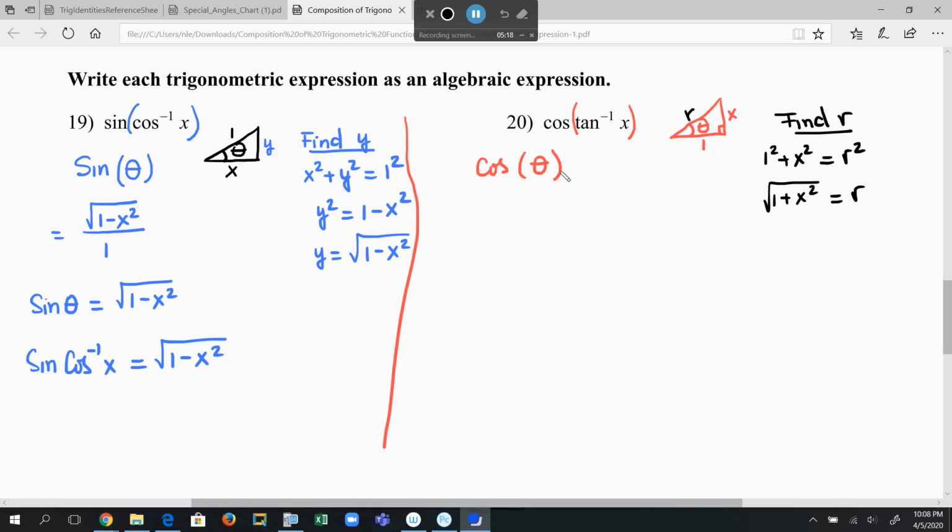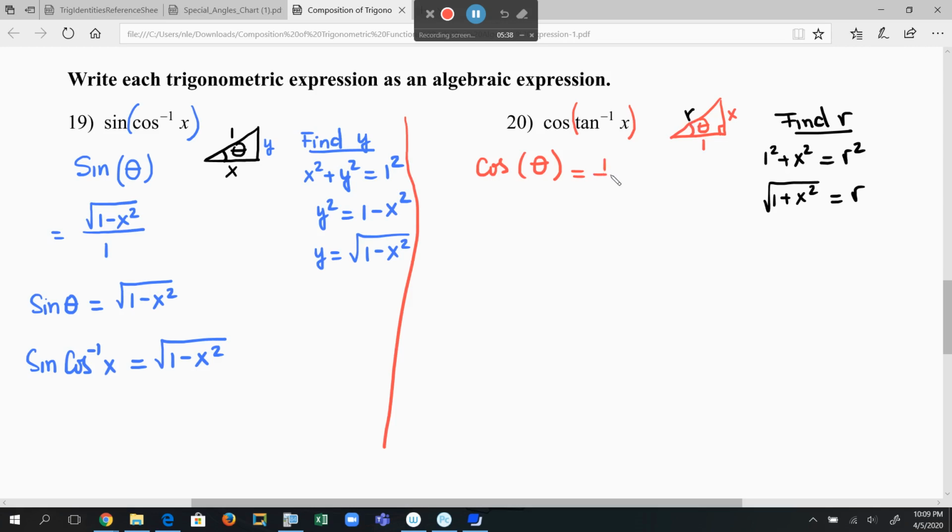Now I'm going to go back to the cosine function. Cosine of the angle theta is adjacent divided by hypotenuse.